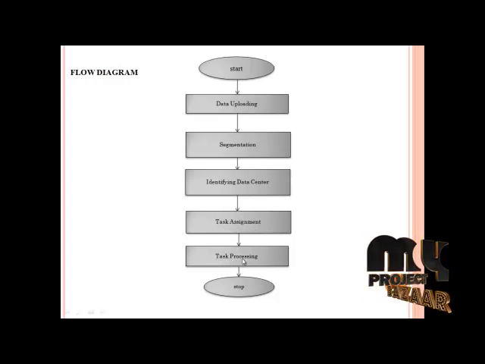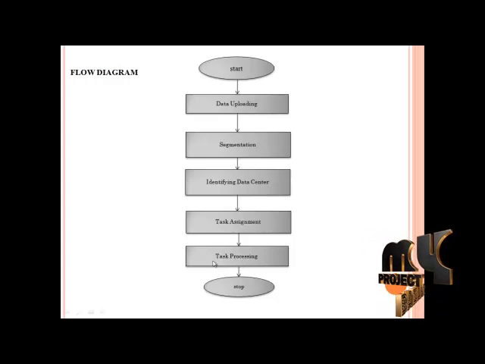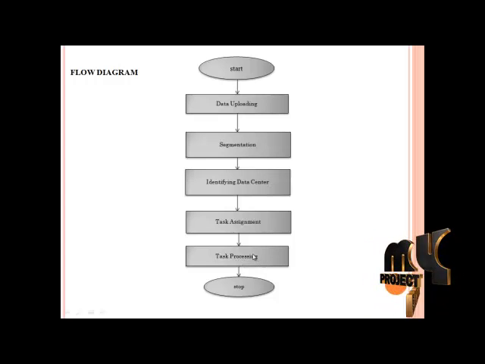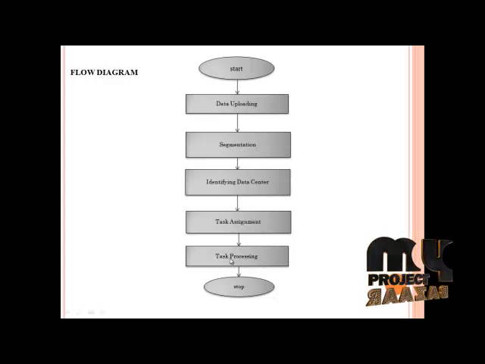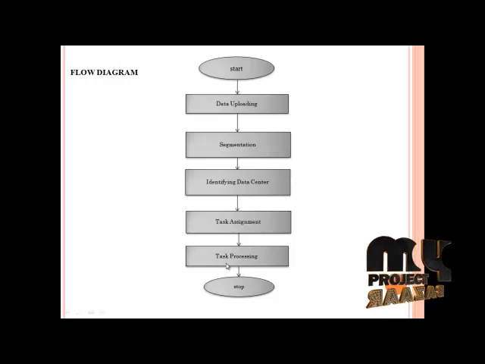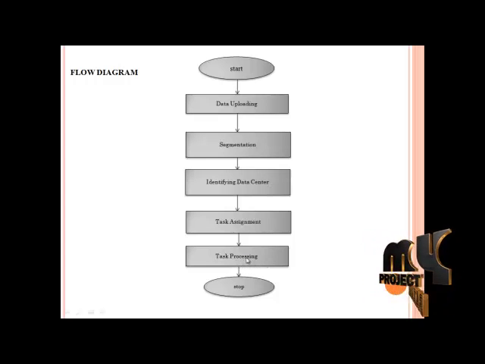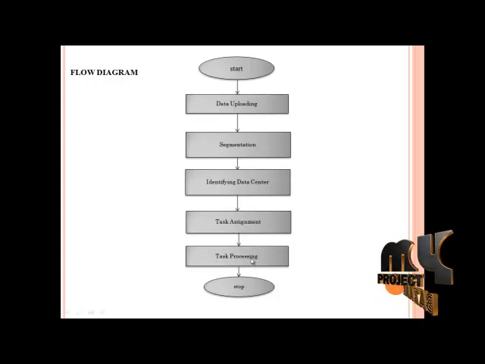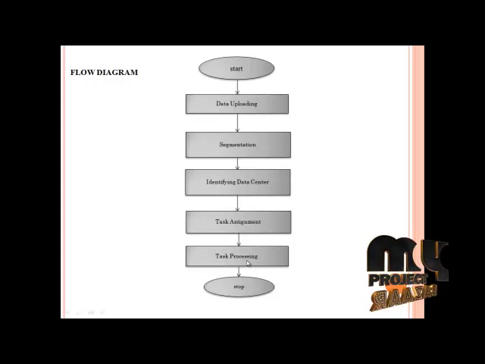Then comes task processing, and after the task processing we find the execution time and arrival time for each job, and also the data center capacities. After these are completed, we have performed mixed integer programming and non-integer programming, that means optimization and non-optimization concepts. With these we identify which is best for implementing the statistical analysis.